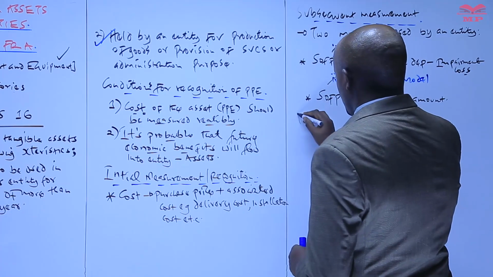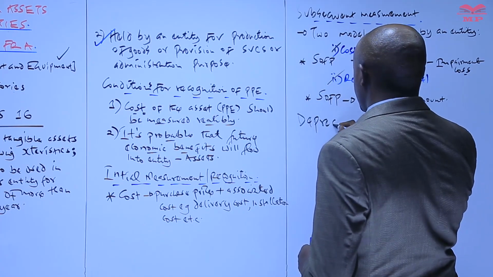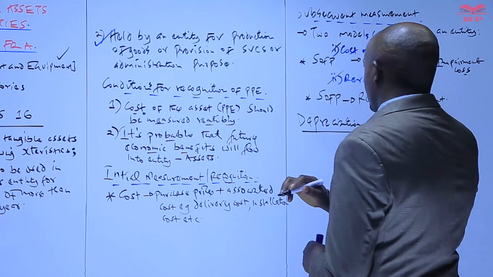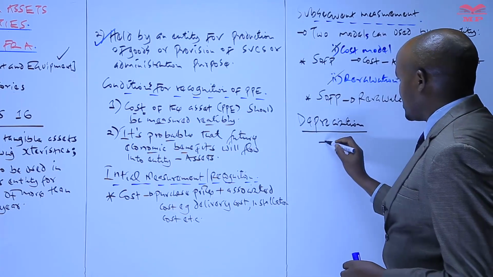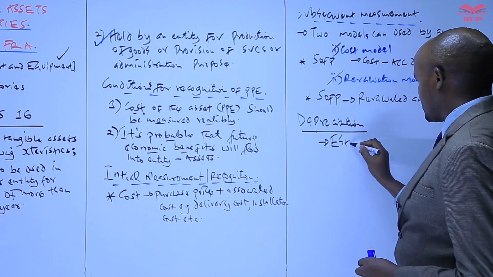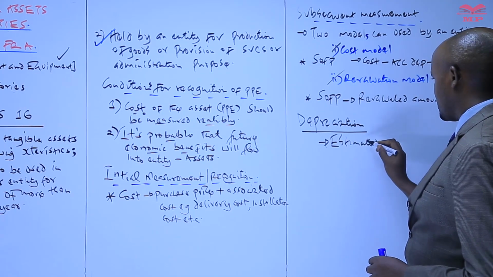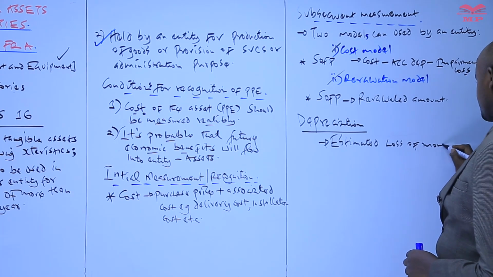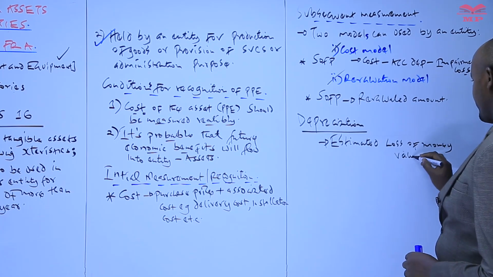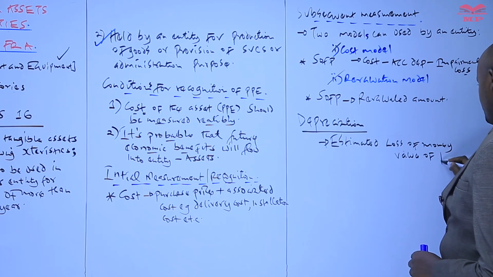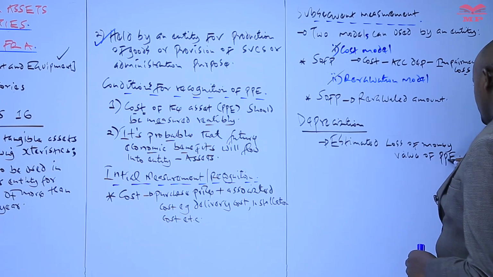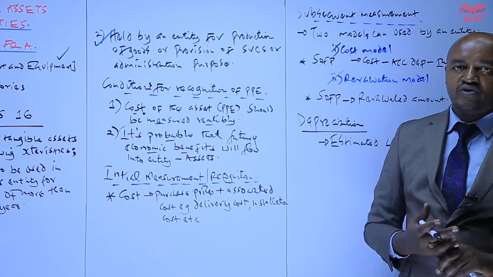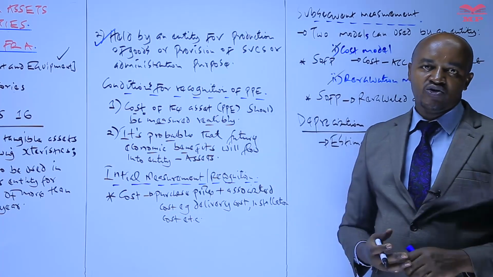And then from there, we can look at something to do with depreciation. Basically, when we talk about the depreciation of the asset, this is the estimated loss of money value of PPE. So definitely what we know is that this tangible non-current asset, due to passage of time and so on, tends to lose value.